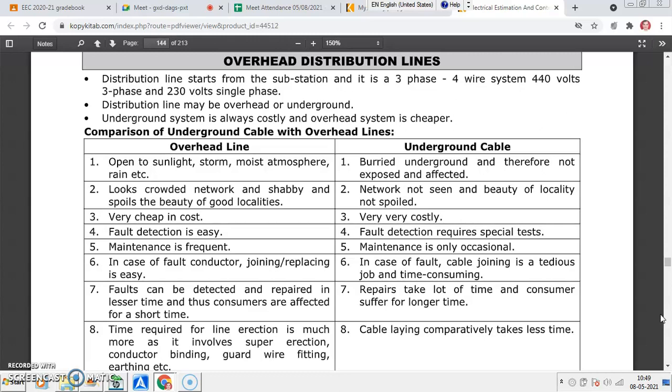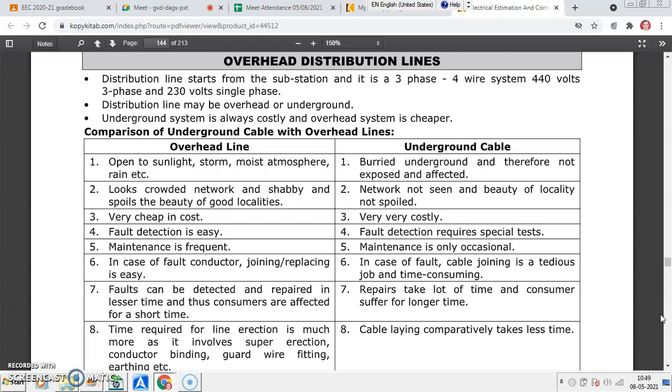So the overhead system is always exposed to external parameters, so maintenance is normally frequent. But maintenance is occasional in case of an underground system, because these systems are isolated from all atmospheric factors. In case of a fault in overhead related to a conductor or joint replacing, it is easy.